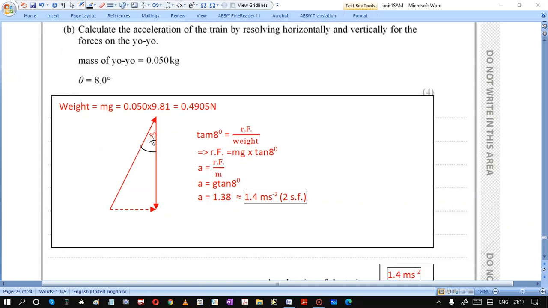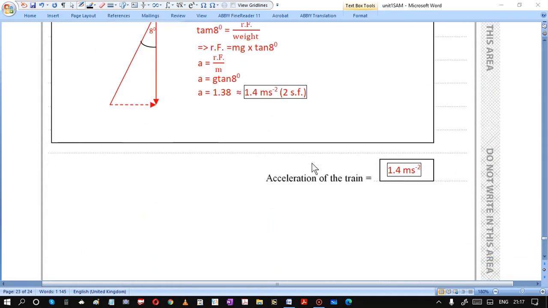So we have a right angle triangle. So this is weight, this is resultant force. So resultant force will be mg tangent 8 degrees, and acceleration will be resultant force over mass, g tangent 8. So we get 1.4 meter per second squared.